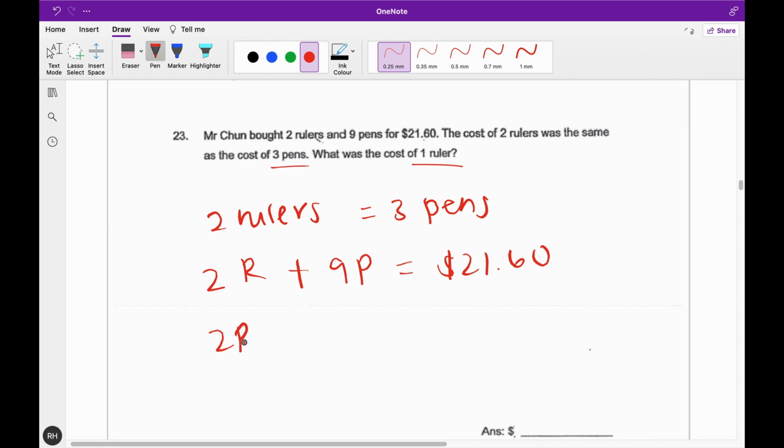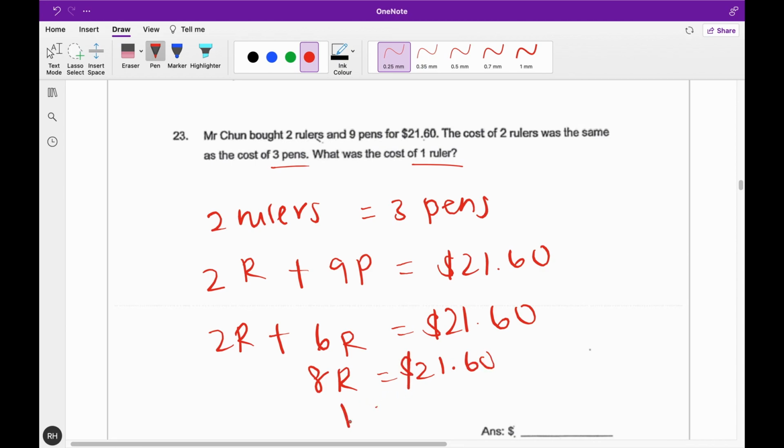So it's the same as 2 rulers plus 6 rulers equals 21.60. So 2 plus 6, that's 8 rulers equals 21.60. And to find 1 ruler, we'll divide by 8.